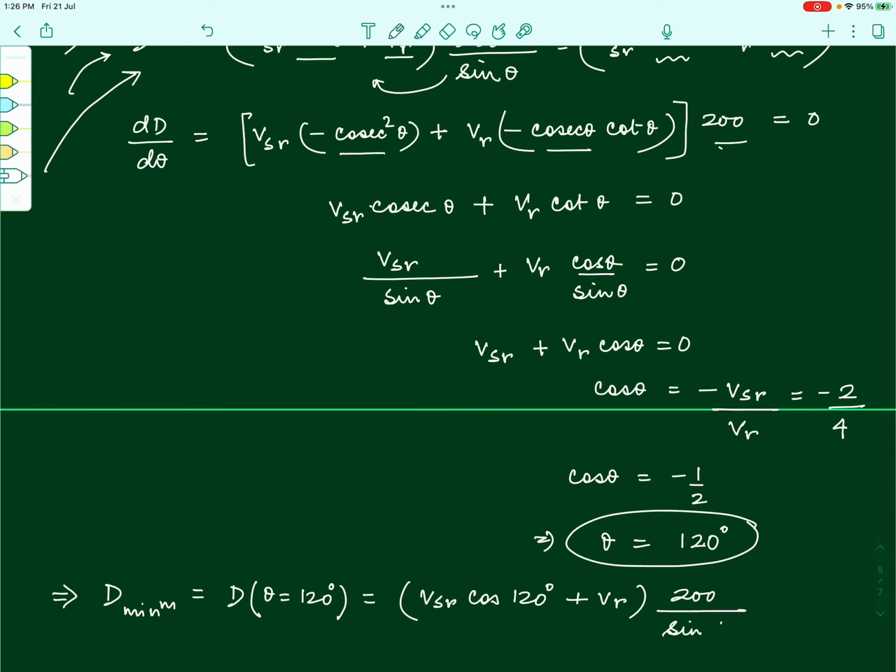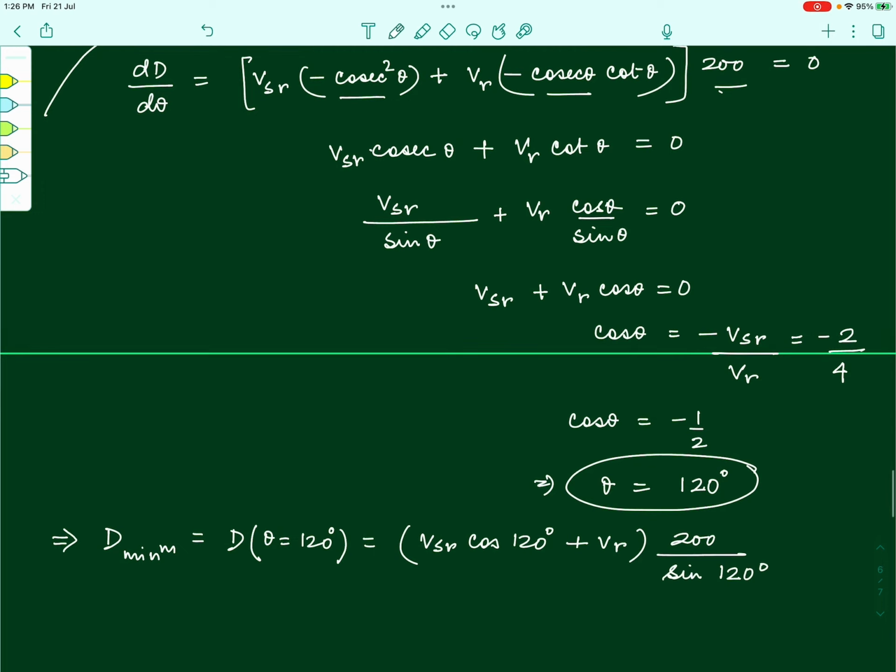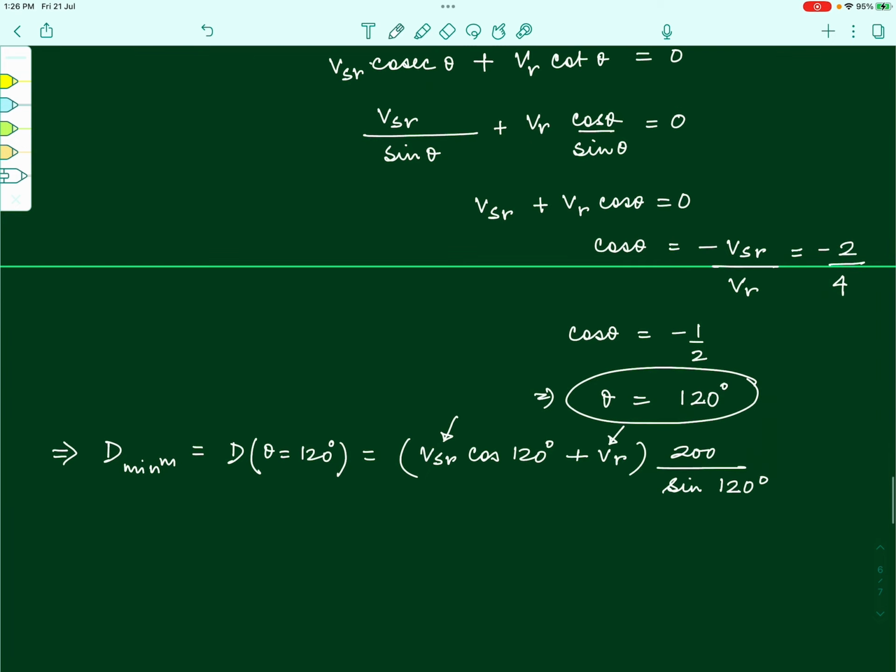Now, we need to just solve this expression where we know that VSR is 2 and VR is 4. We can substitute these values as well. So, we will have 2 cos 120, recall it is minus 1 by 2, plus VR which is 4. So, this is what we have inside the bracket, and outside we will have 200 by sin 120.